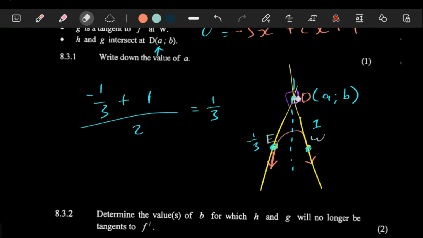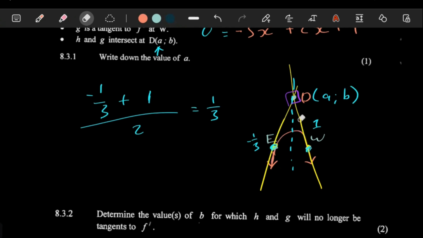The only way these two lines cannot be tangents to your parabola is if you change the gradient so that it becomes a bit steeper.